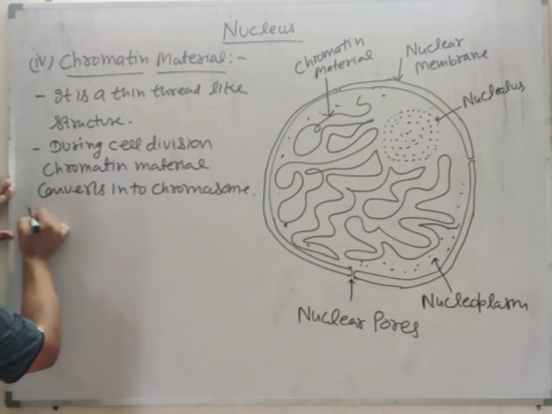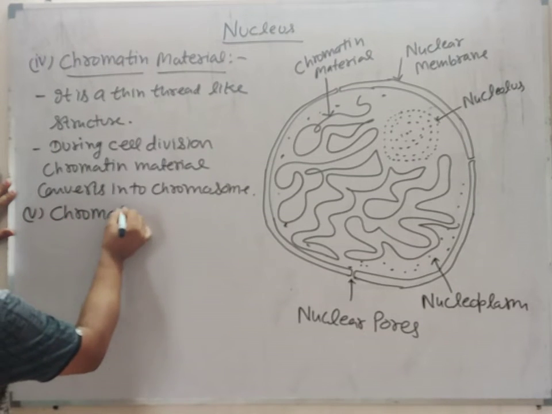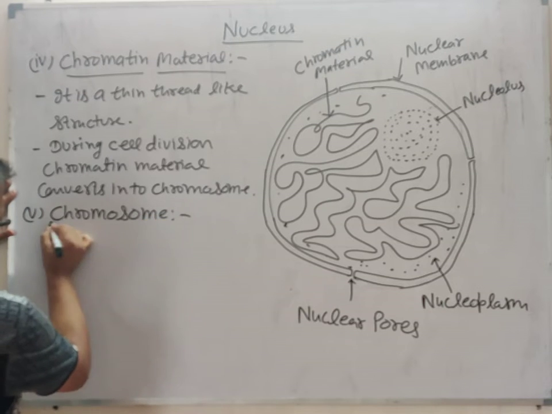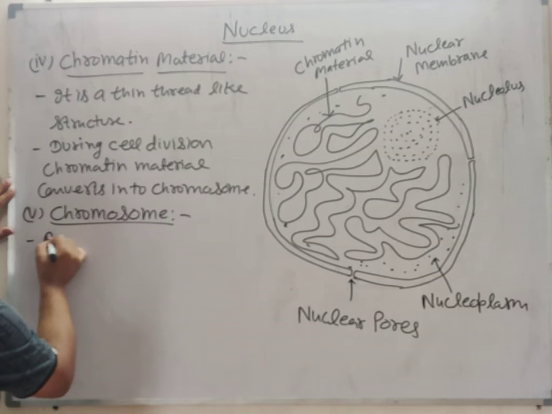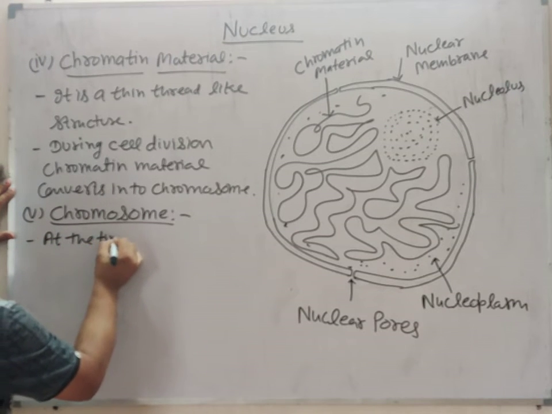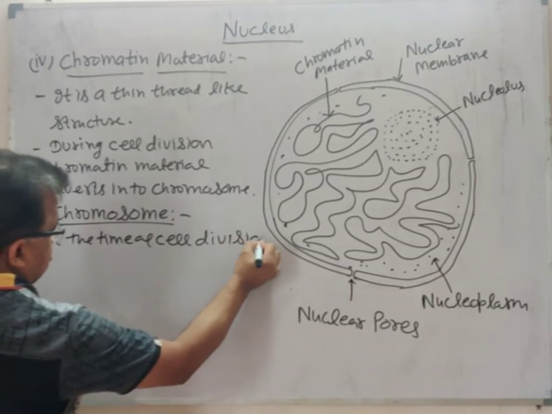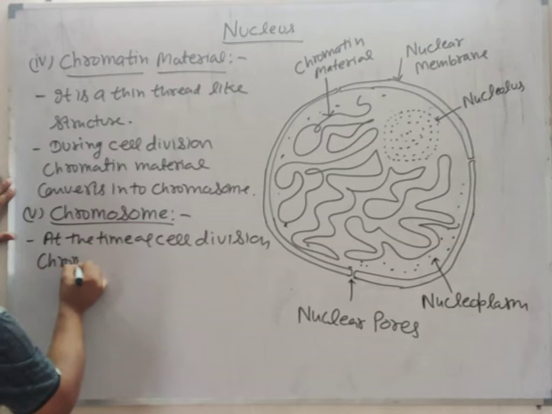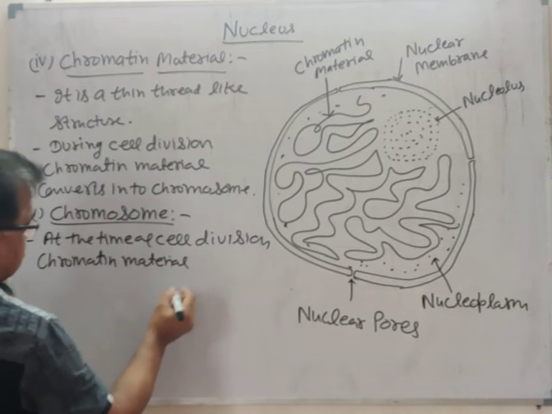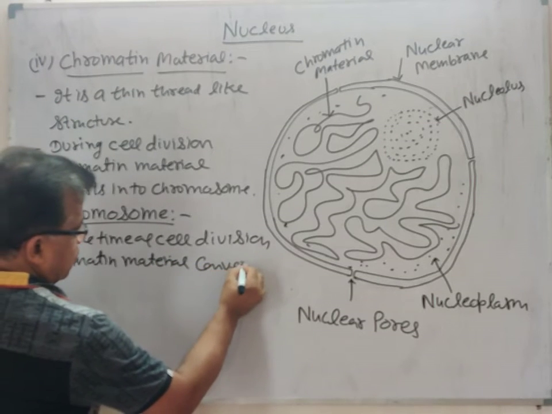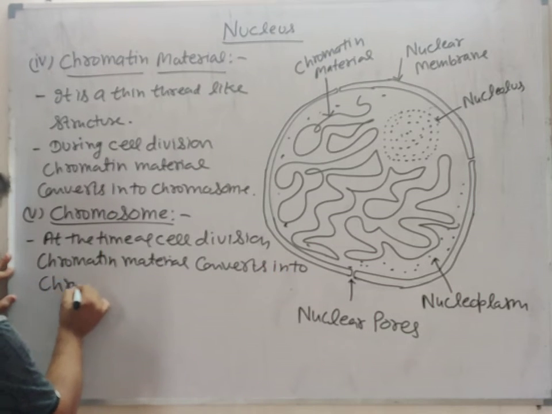Now we shall study chromosome, which is actually chromatin material. So the first point is that at the time of cell division, chromatin material converts into chromosome.